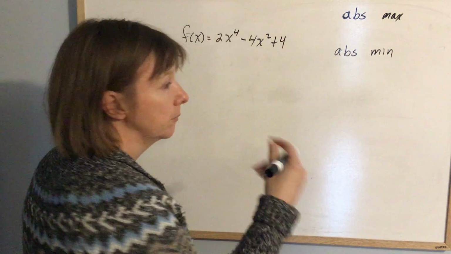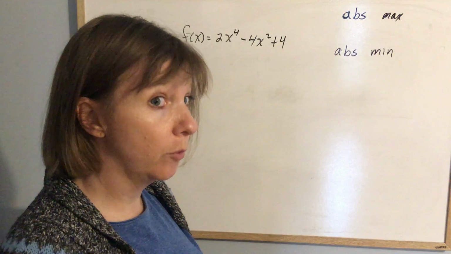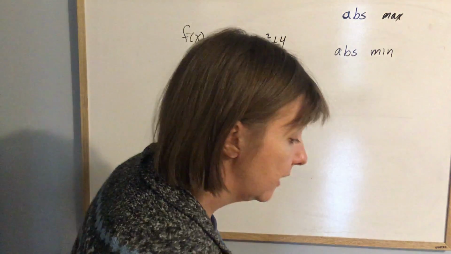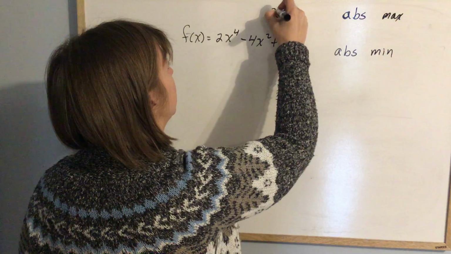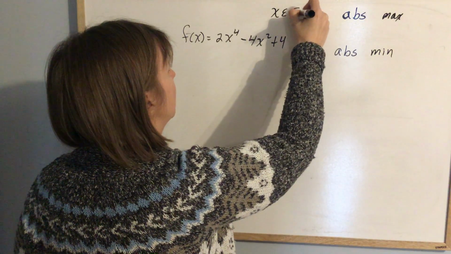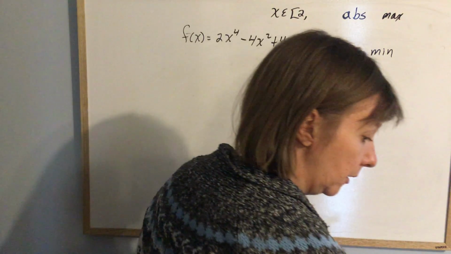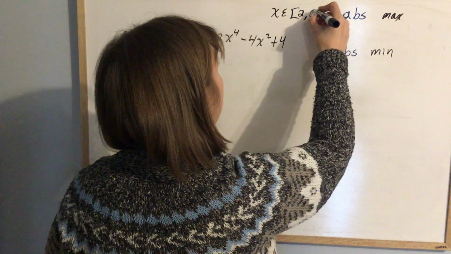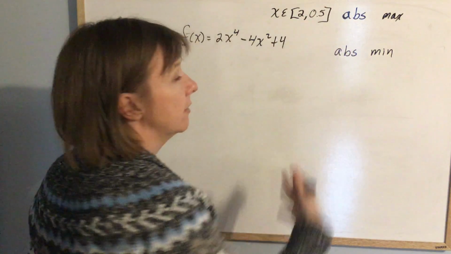But then it gives us something that it hasn't given us before. It says x belongs to [-2, 0.5]. So that's interval notation.